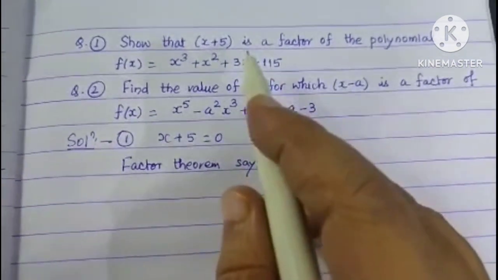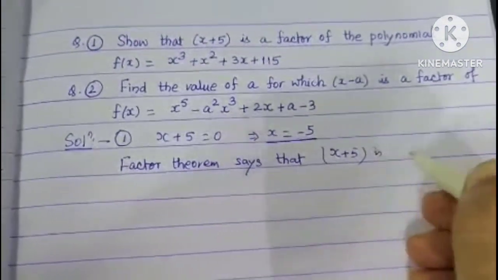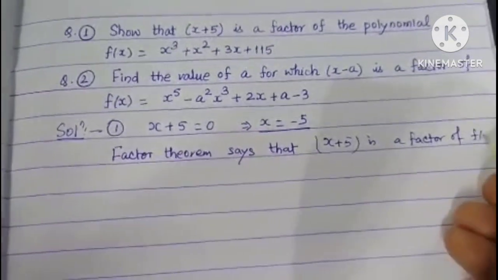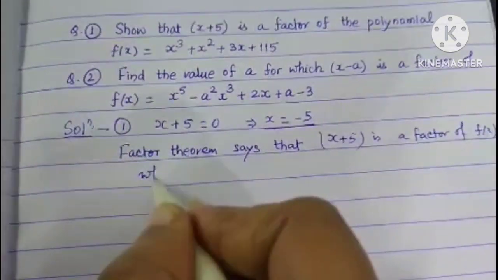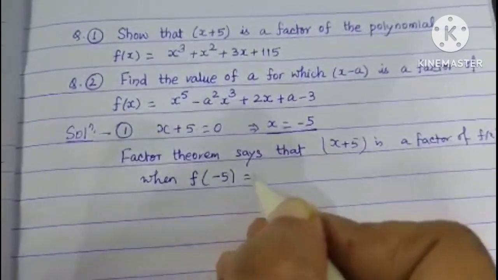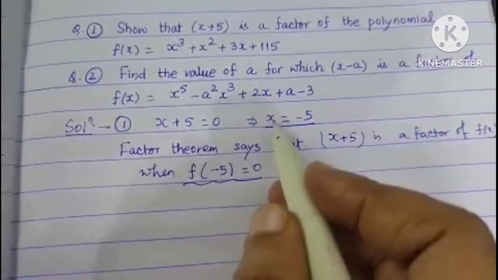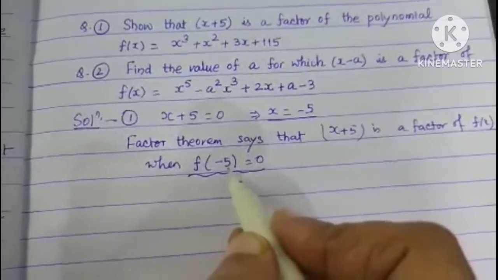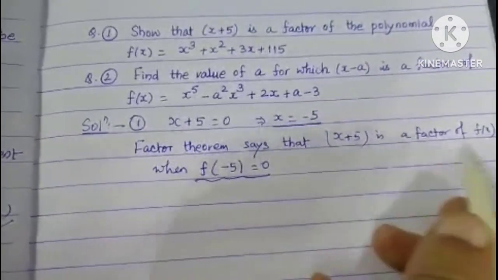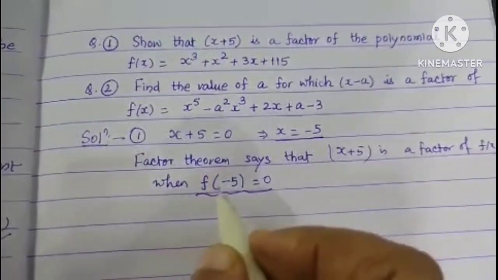So if you apply in this question, x plus 5 is a factor of f of x when f of minus 5 is equal to 0. So when f of minus 5 is equal to 0, then and only then this will be a factor of f of x. So now we have to find f of minus 5.